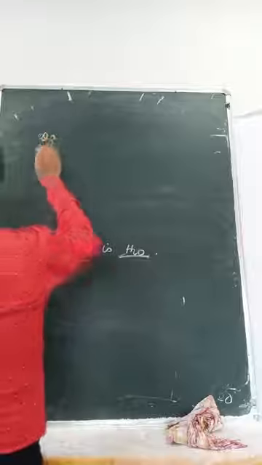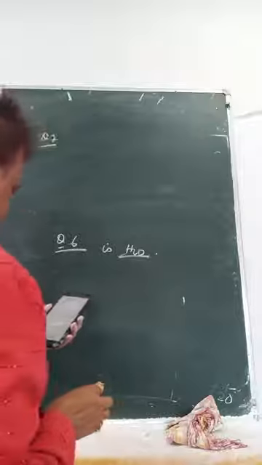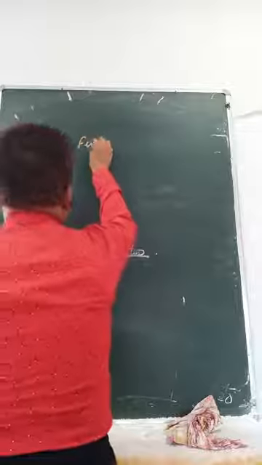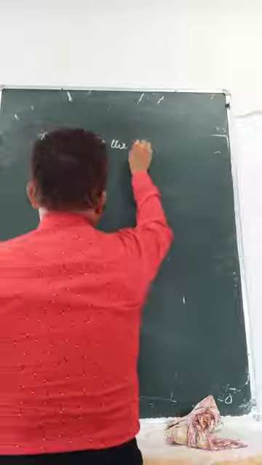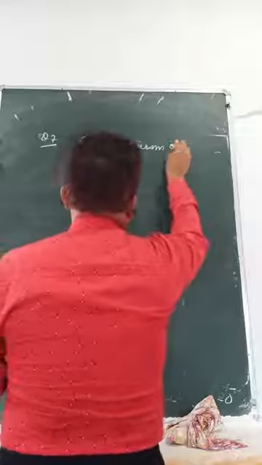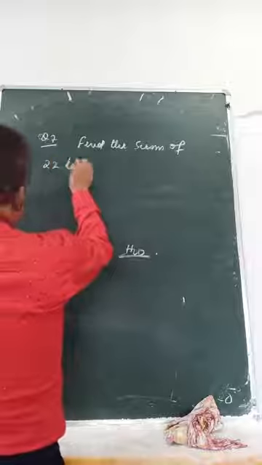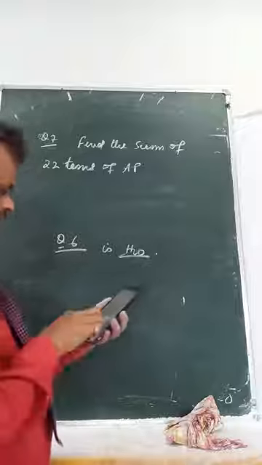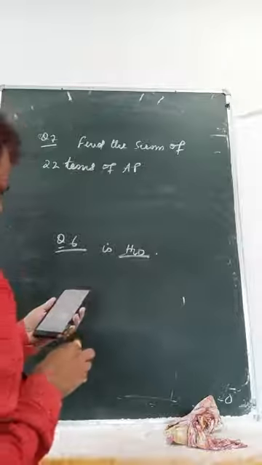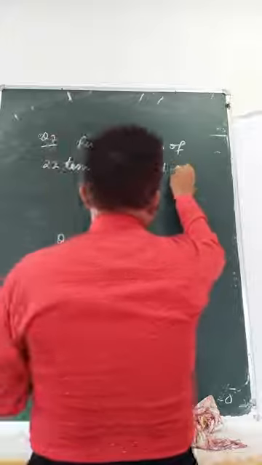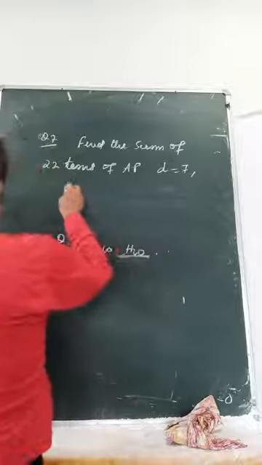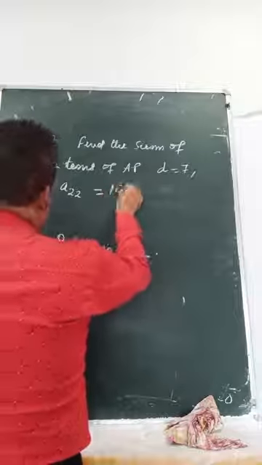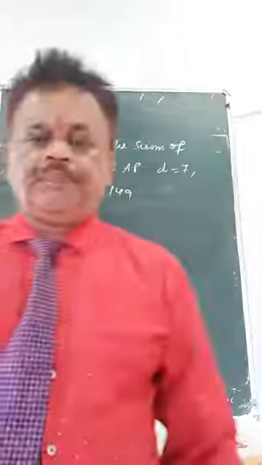Question number 7. Find the sum of 22 terms of AP with d equal to 7 and 22nd term a22 equals 149. It's very simple.